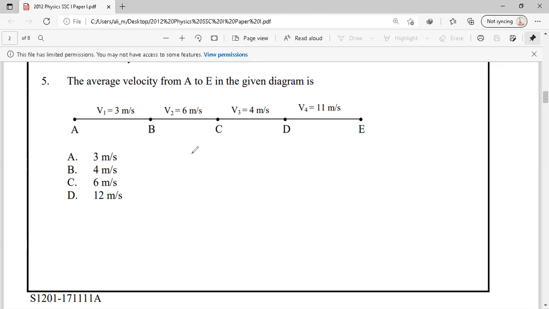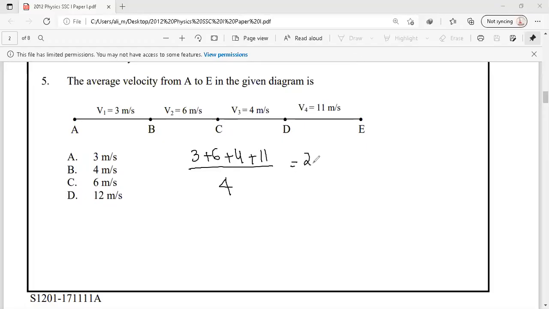So for the average velocity, 3 plus 6 plus 4 plus 11 divided by 4. So 3 plus 6 is 9, 9 plus 4 is 13, and 13 plus 11 is 24, divided by 4. So it will become 6 meters per second. So the correct answer for this question would be option C.